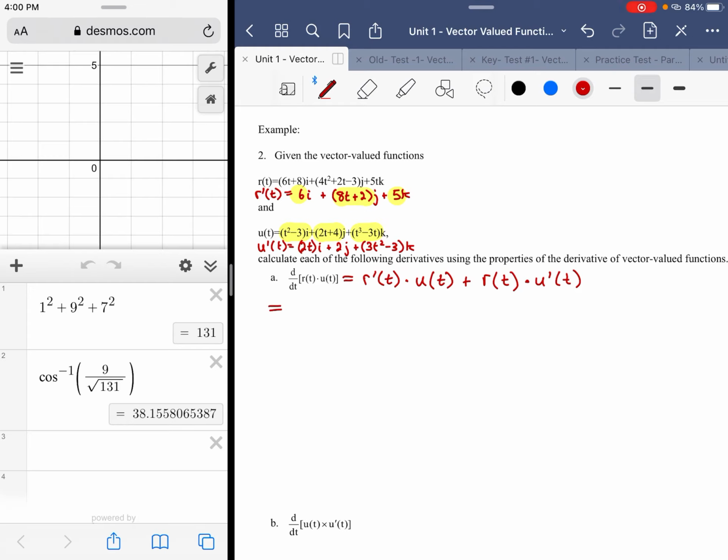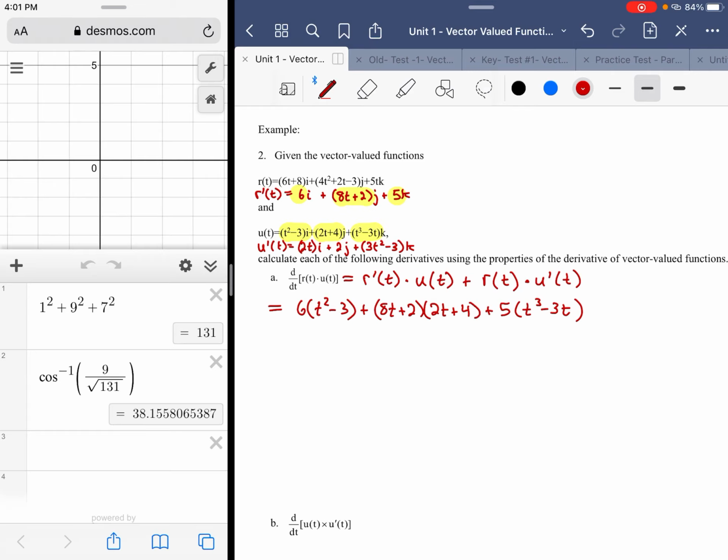But we're looking at 6 multiplied by t squared minus 3 plus 8t, plus 2 multiplied by 2t plus 4, plus 5 multiplied by t cubed minus 3t.